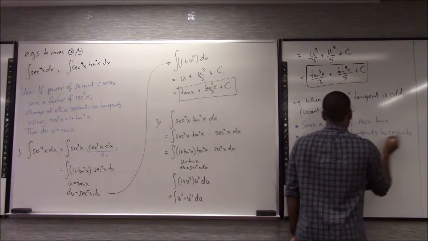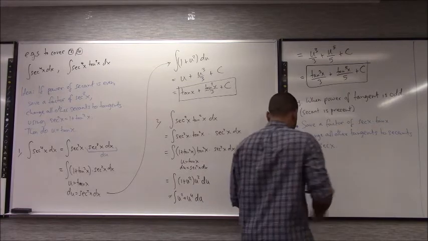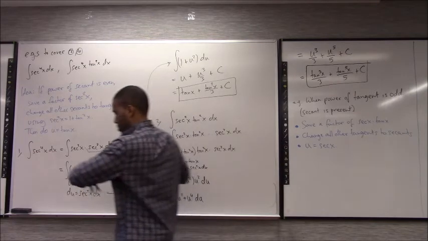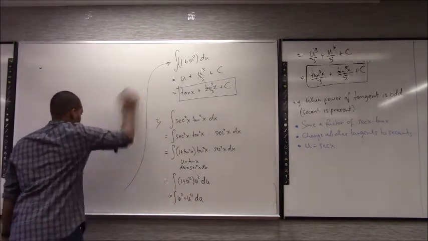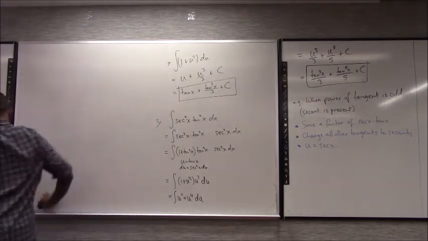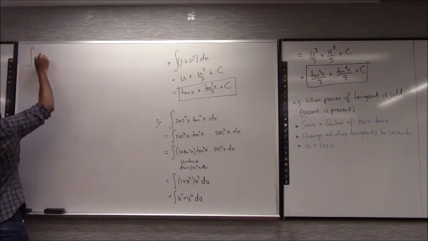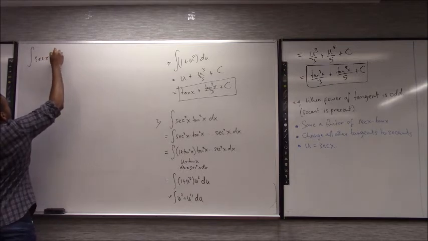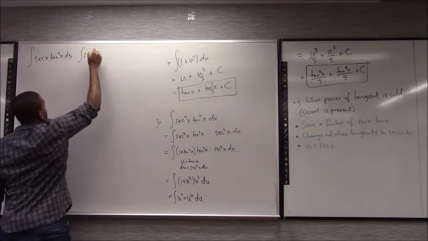Change all other tangents to secants. Do u equals secant. We do 2 examples. Secant tangent cubed and secant cubed tangent cubed.